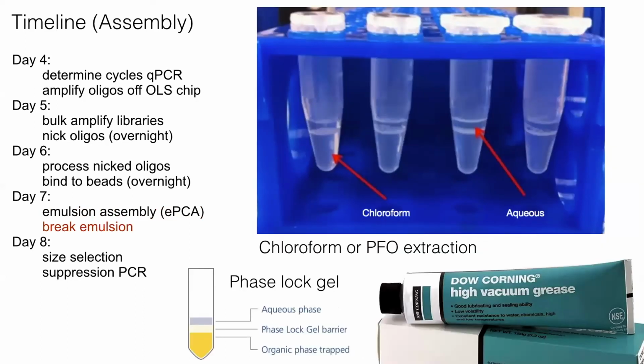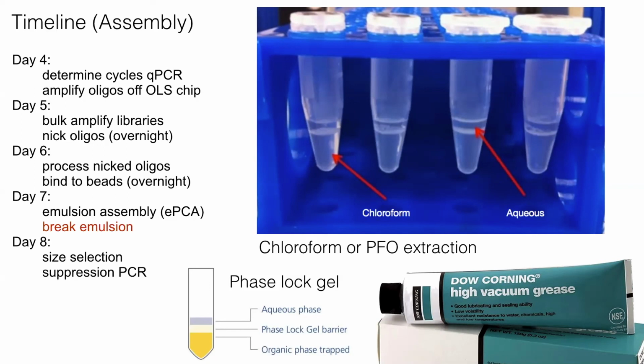There are a number of different ways to then recover the subsequent assembled libraries. This requires doing an extraction using either chloroform or PFO. How many people in the room are familiar with phase lock gels? Okay, so some people know what a phase lock gel is. A phase lock gel can be extremely useful when you have to pipette the aqueous portion away from the organic portion in such a way that you don't end up getting any of the chloroform in your downstream steps.